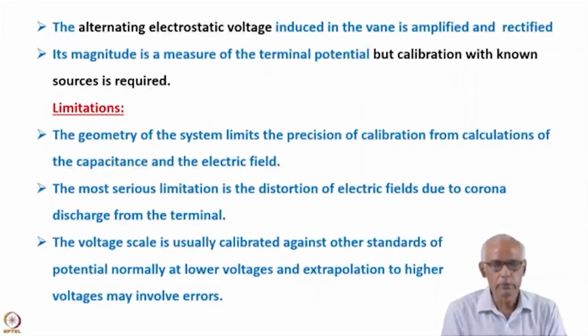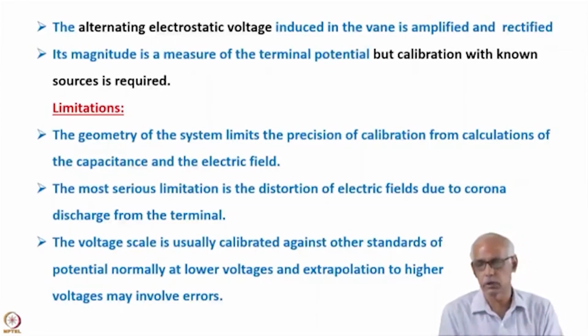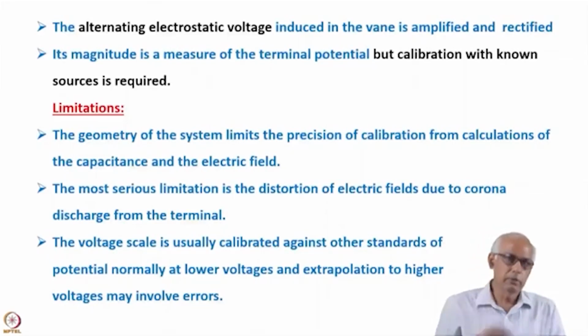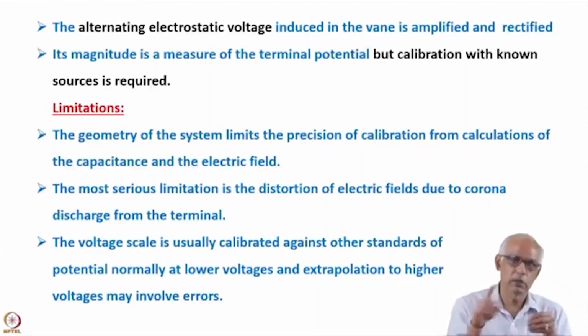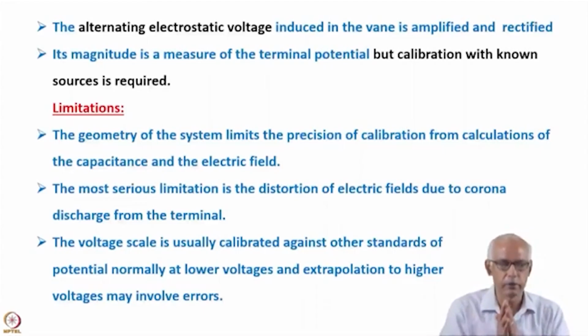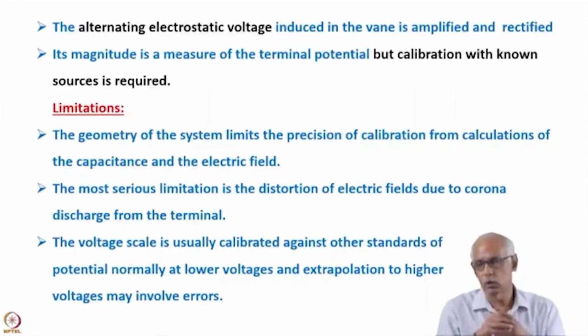The geometry of the system limits the precision of the calibration constant from the calculation of the capacitance. So there may be some error in the calculation of the capacitance itself, because the geometry of the high voltage terminal may be slightly different, and the electric field also.